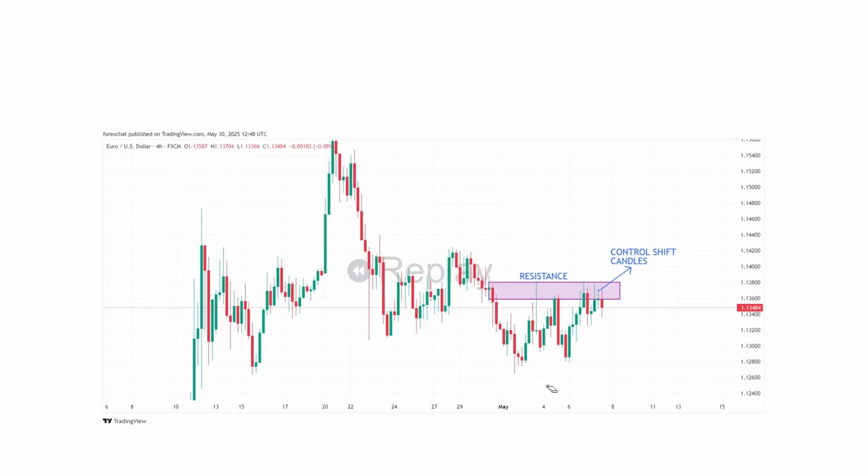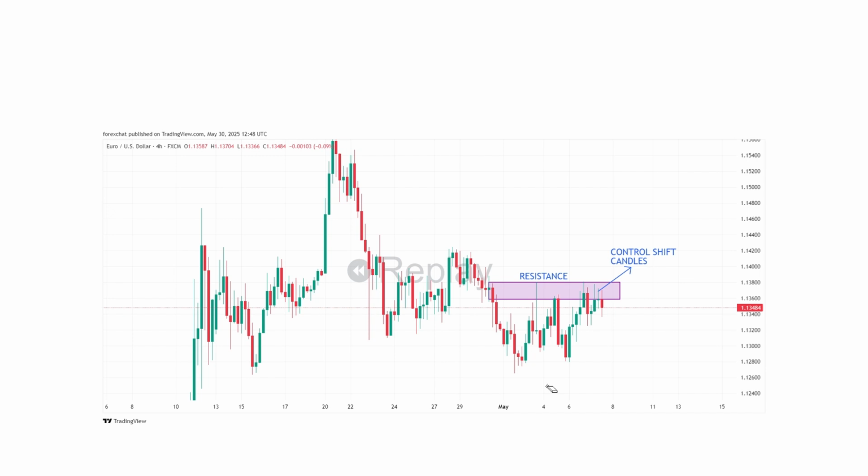What we have here, let's go back to this candle. We are trying to find entries now. We said if price is respecting our resistance level, we see what are called control shift candles. Control shift candles are simply candles with very long wicks and small bodies.